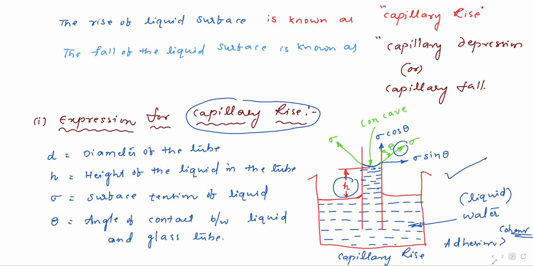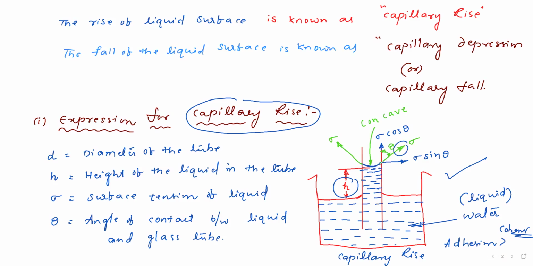So therefore, what I am doing now, very first let us calculate the weight of the liquid of this particular height h inside this tube, right? So let me choose some different color. I'm going very slow because in a few minutes we can complete this topic, within 5 minutes, but for better understanding I am covering each and every point.